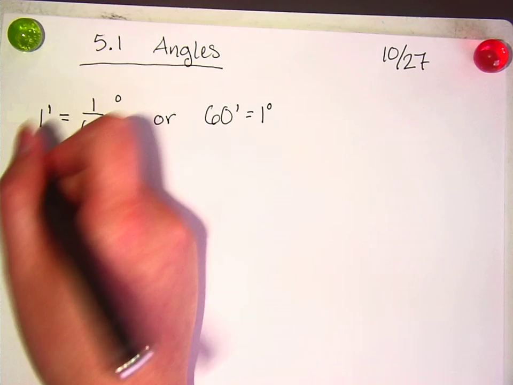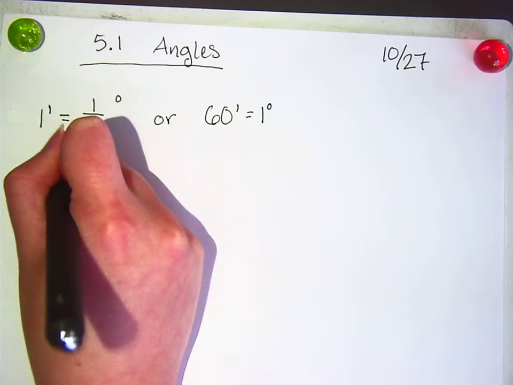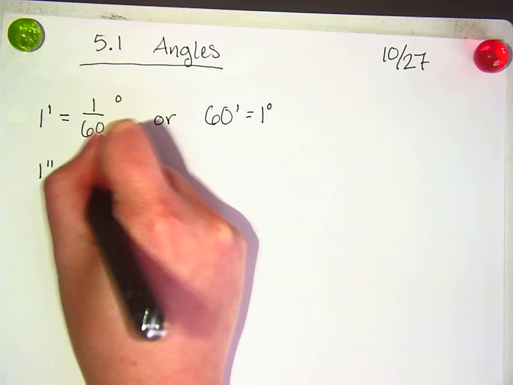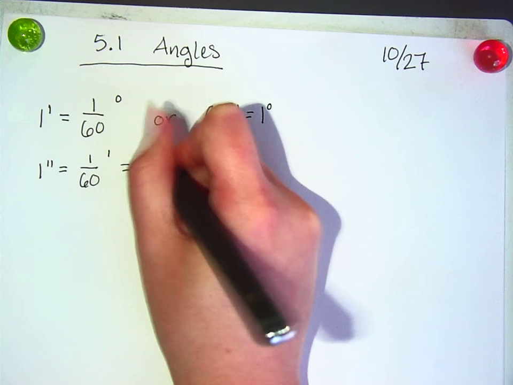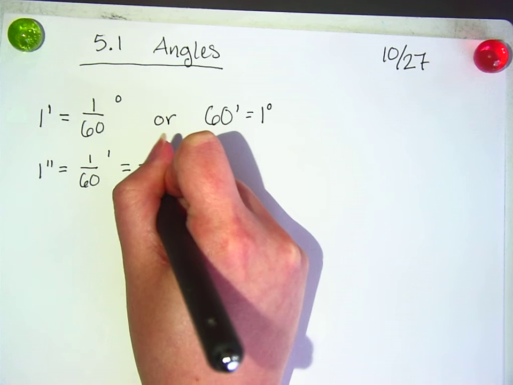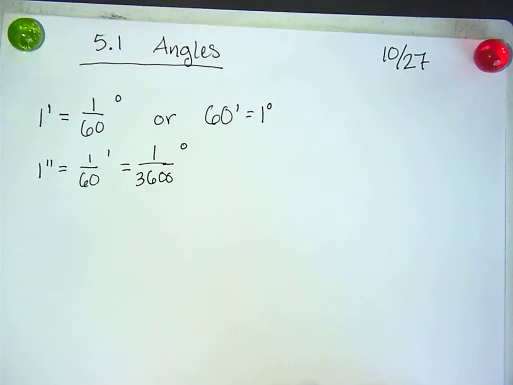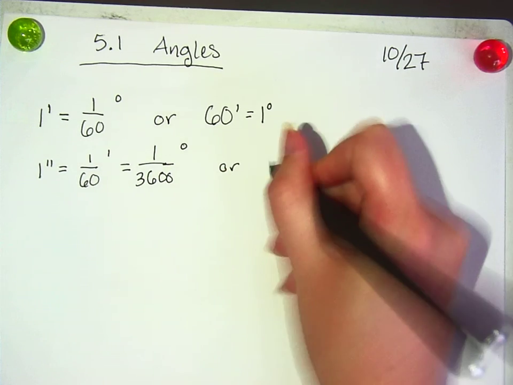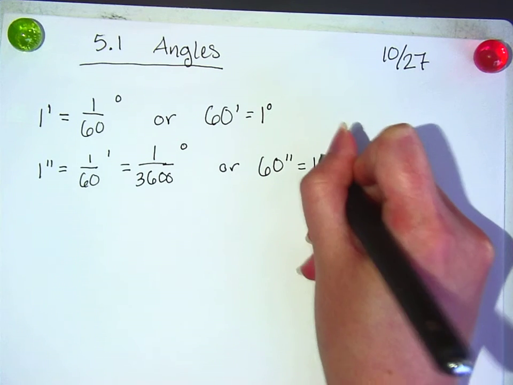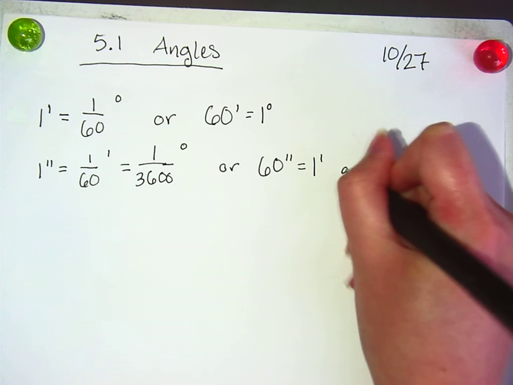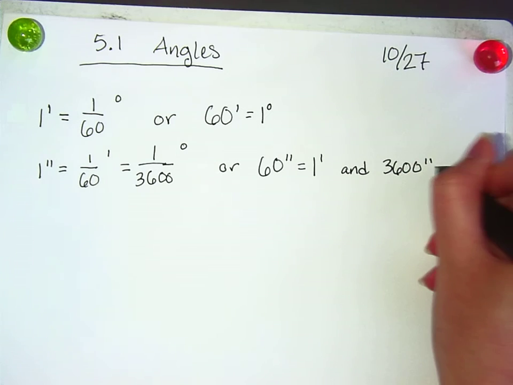Now for the seconds. 1 second is 1/60th of a minute, which is the same as saying it is 1/3600th of a degree. Or you can say 60 seconds equals 1 minute, and 3,600 seconds equals 1 degree.